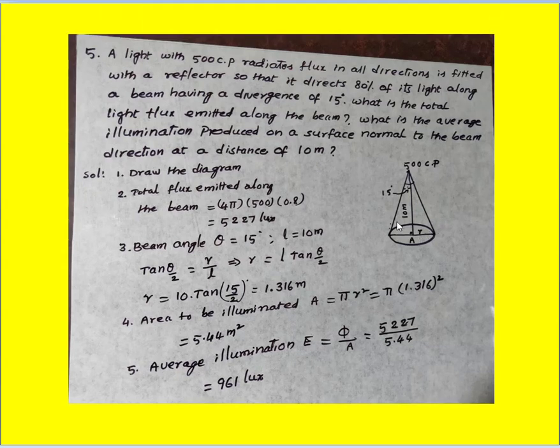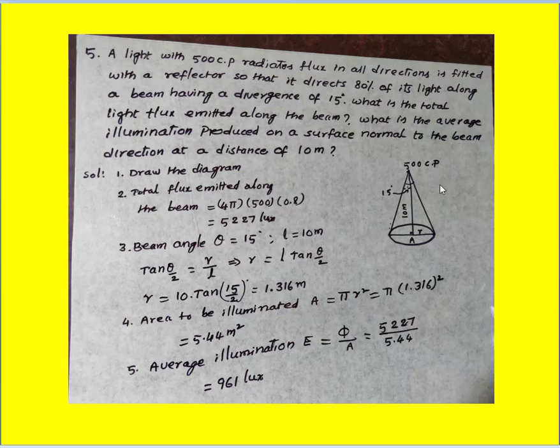Here, the light beam's area on the surface is assumed as a circle, and the angle made by the edges of this surface we assume as 15 degrees, which is given. So here we have to calculate the total flux emitted by this lamp, and also the area of the surface which is receiving the illumination.